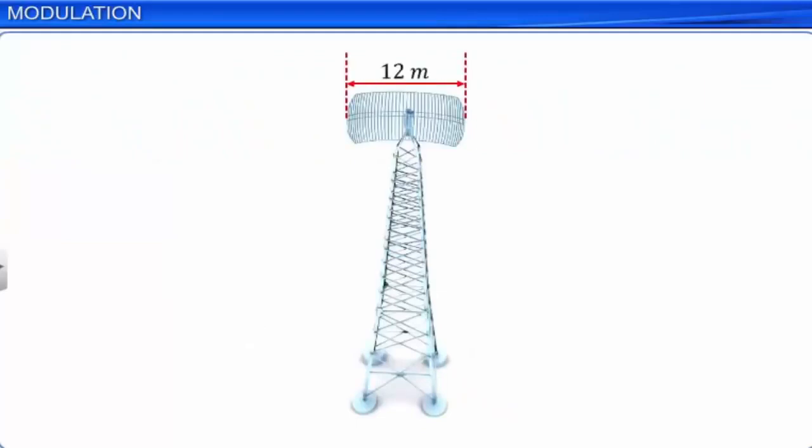Thus, the modulated wave can now be easily transmitted using an antenna of the size of about 12 meter, which is quite practical to build and operate. Hence, transformation of message signals is required to work with antennas of practical sizes.